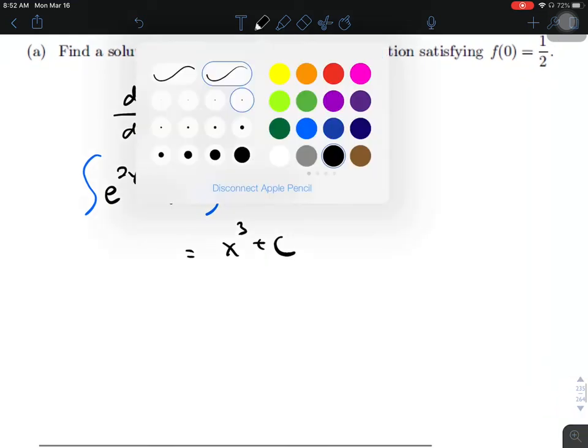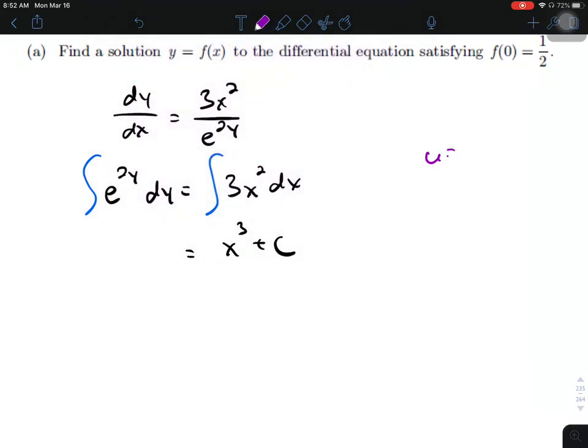The left side, not as simple. Let's set u equal to 2y. That's going to make du over dy equal to 2. It's going to make du equal to 2 dy. So dy is equal to 1/2 du.